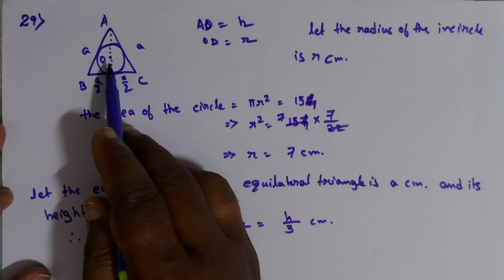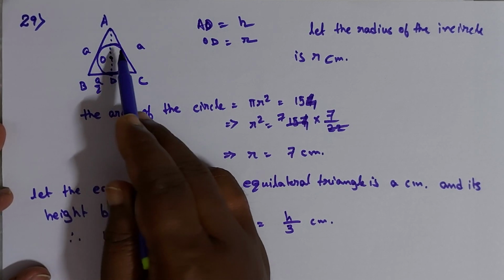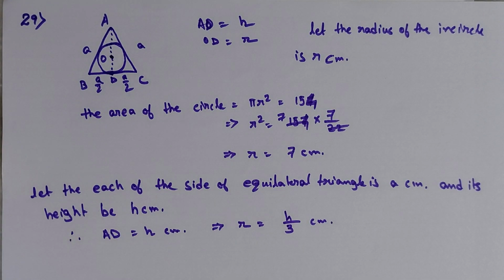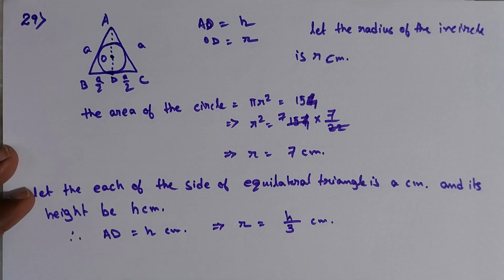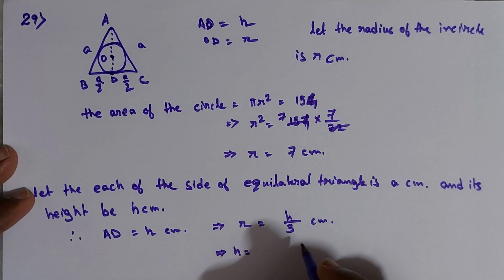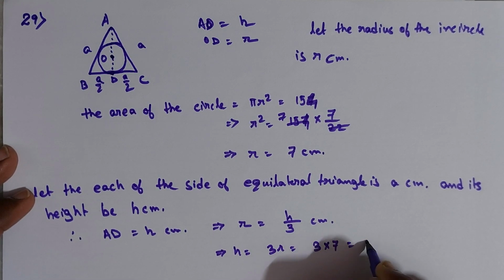There is a theory that the center divides the height in a 2:1 ratio. Or h equals 3r equals 3 into 7 equals 21 centimeter.